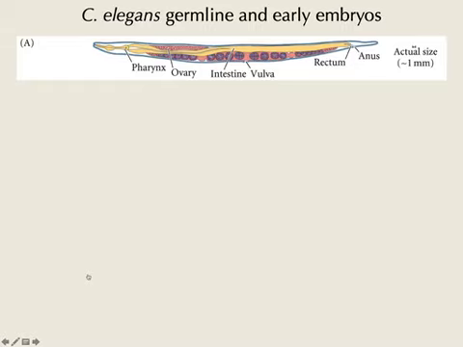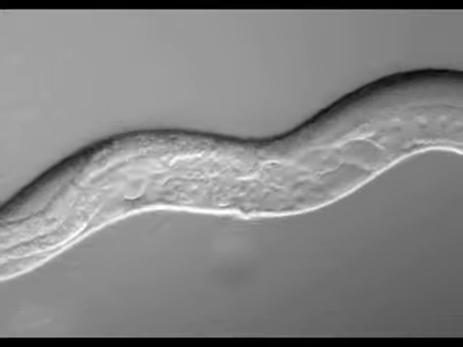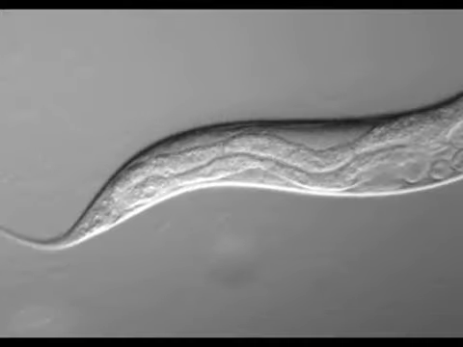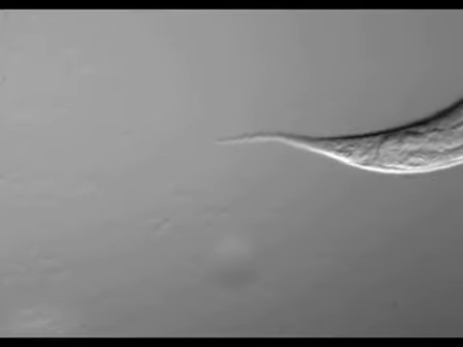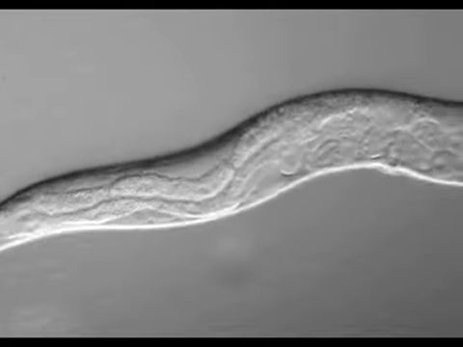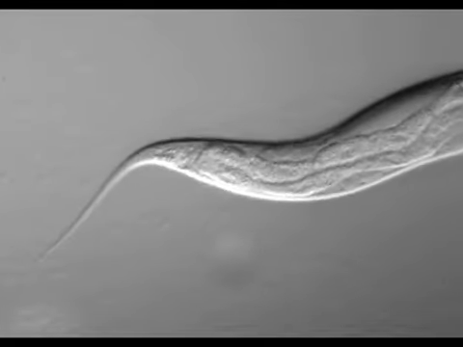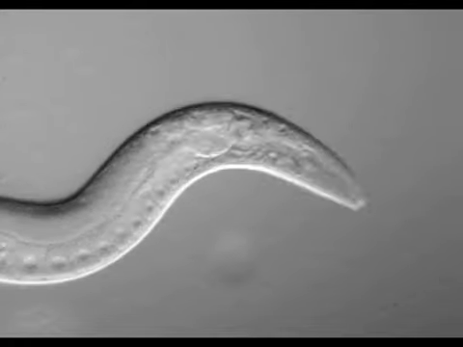Okay, so let's look at the more specific examples of C. elegans. So this is the C. elegans worm. How many of you have seen those guys? So you know some of the key advantages of those organisms for experimental research, right? So in a nutshell, this is the adult.